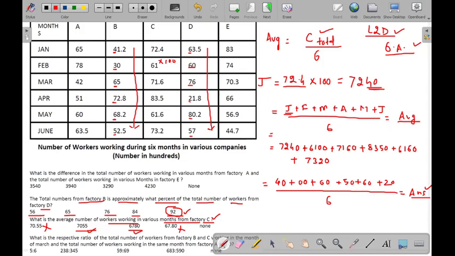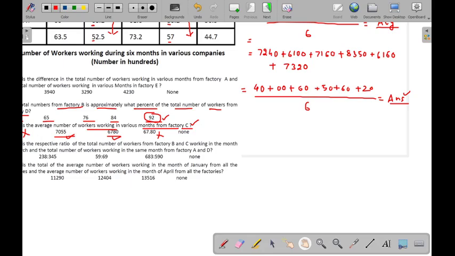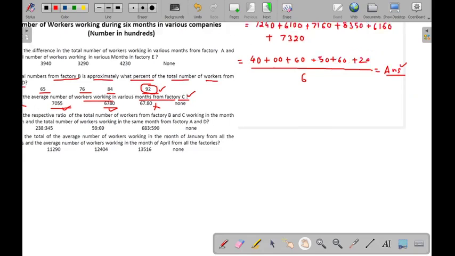Now there are two possibilities for our answer. Our answer can be either 55 or 6780.